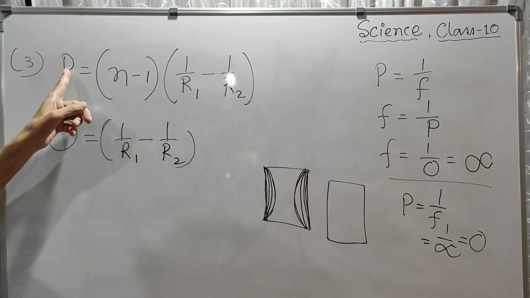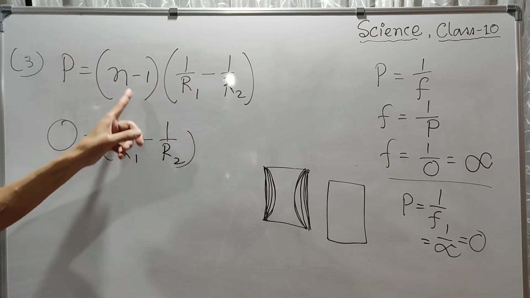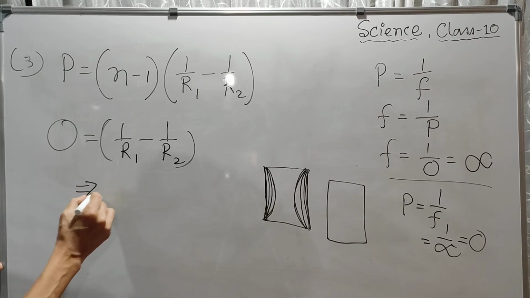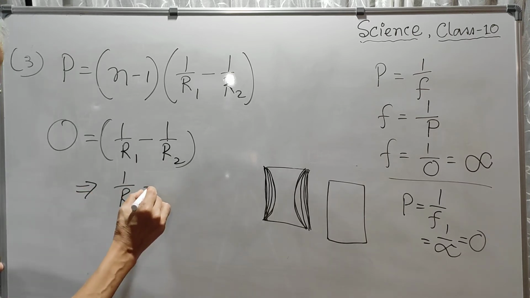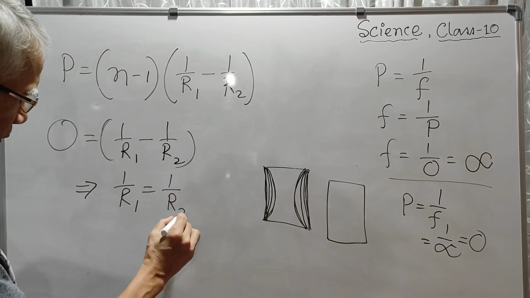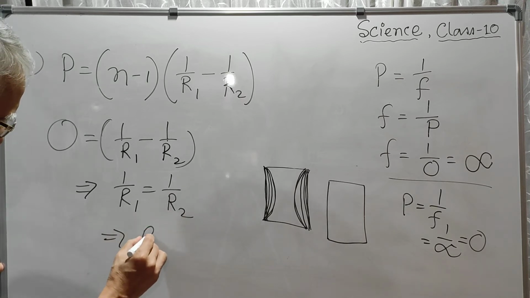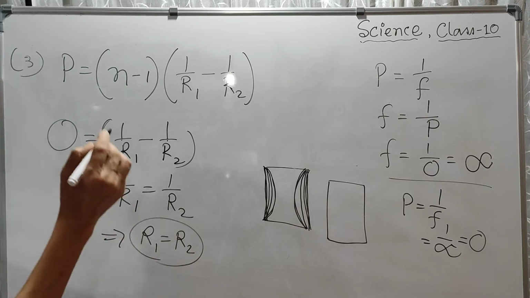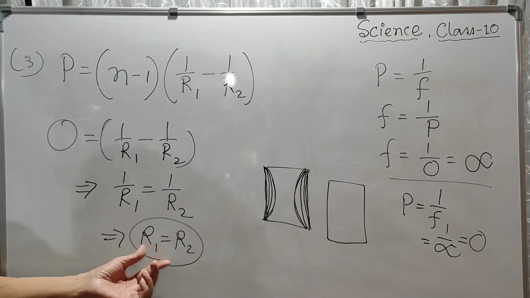If P has to be 0, then this will be 0, because the other factor is not 0. So from here what we get? 1 by R1 equal to 1 by R2. That means finally what we get? R1 equal to R2. So this is the condition.